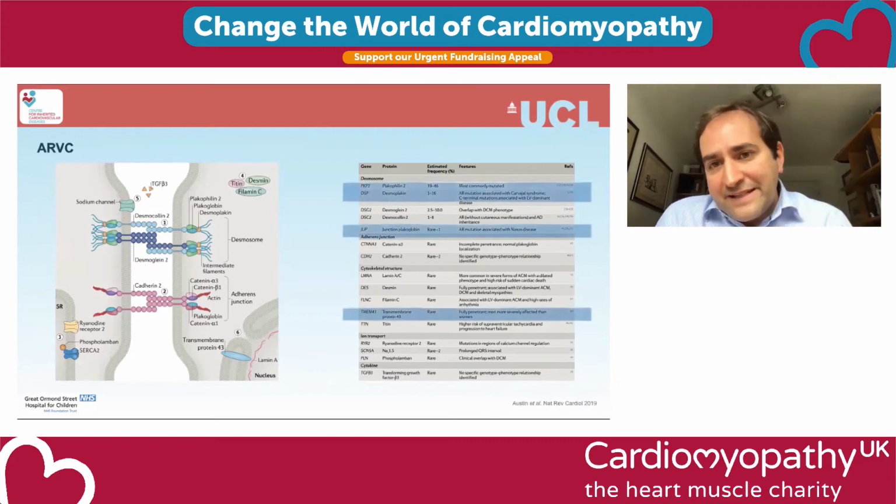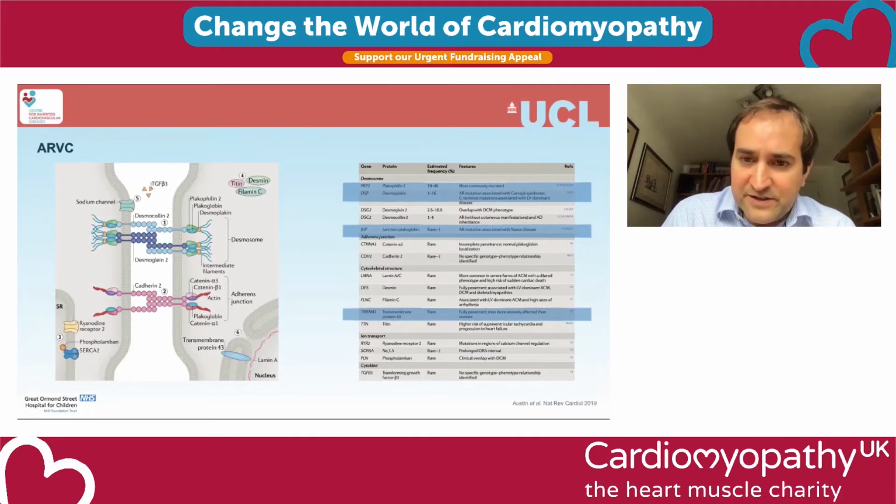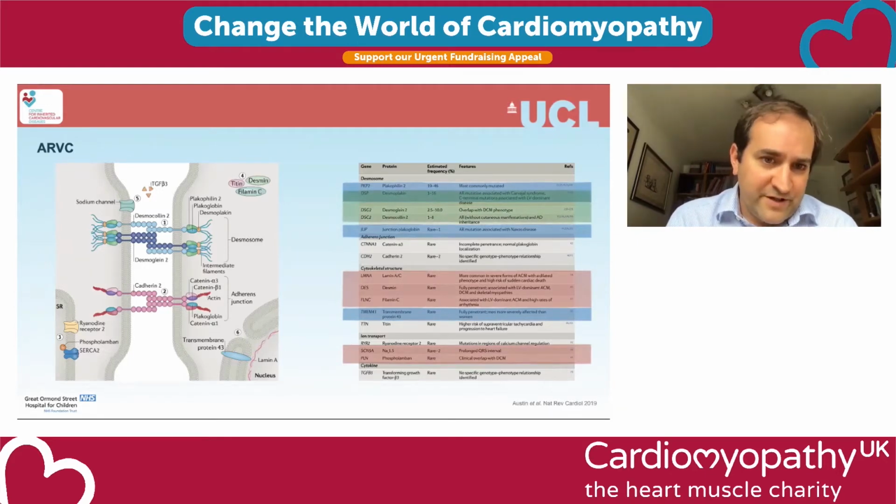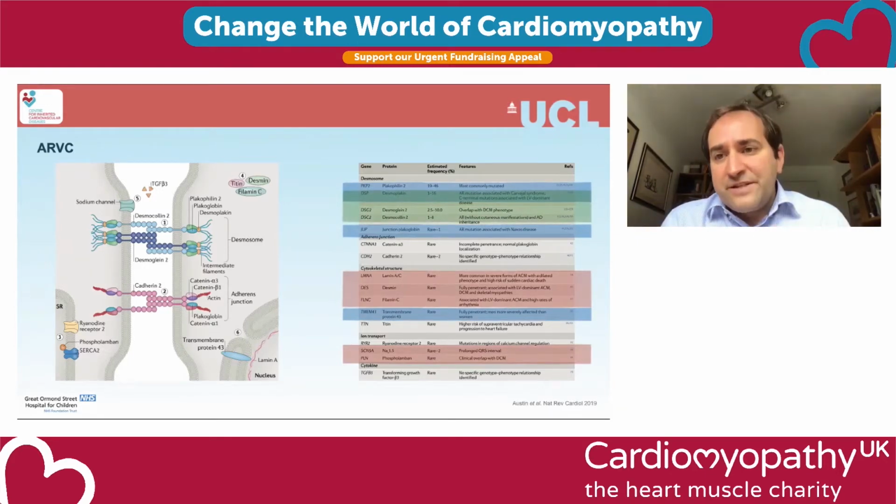And we can identify some particular genes that tend to cause arrhythmogenic right ventricular cardiomyopathy, so a condition that affects particularly the right side of the heart, others that more commonly affect the left side of the heart, and others that affect both the left and the right side of the heart.